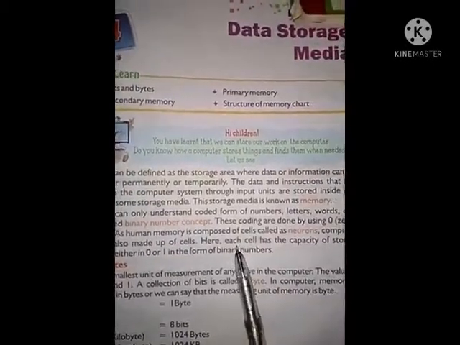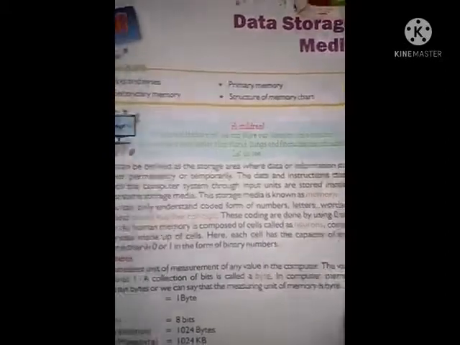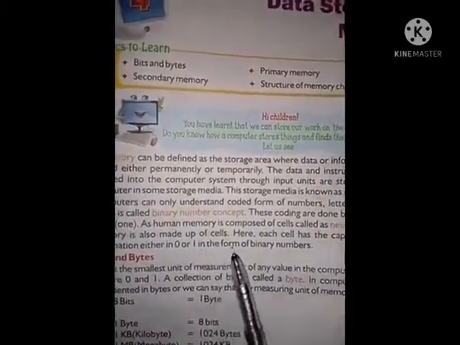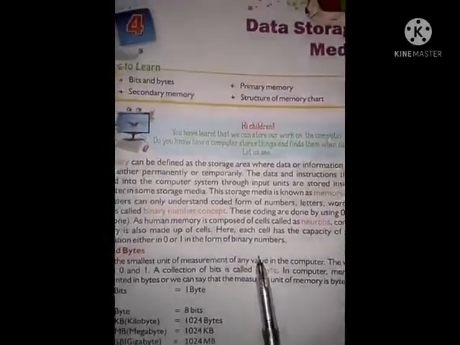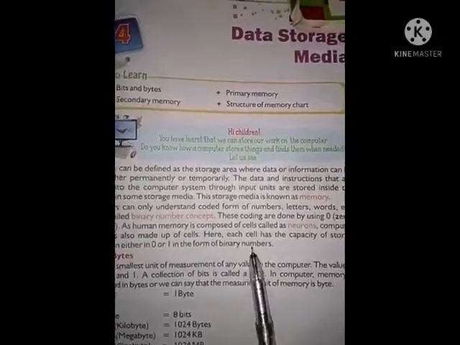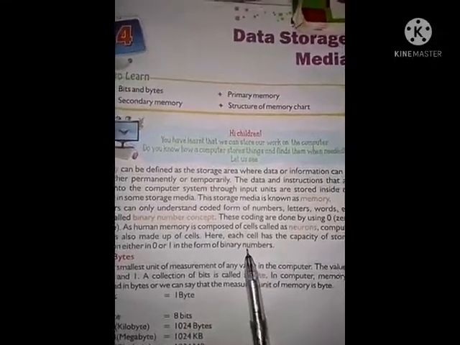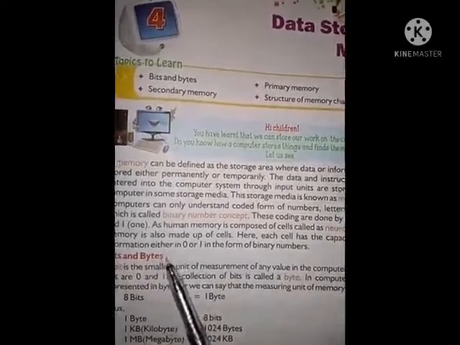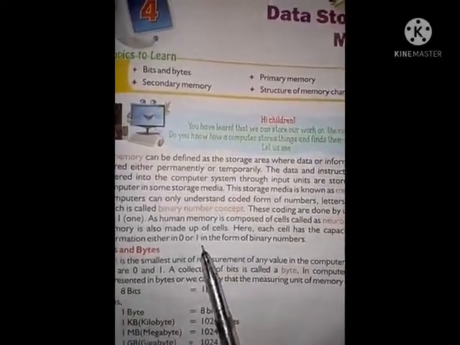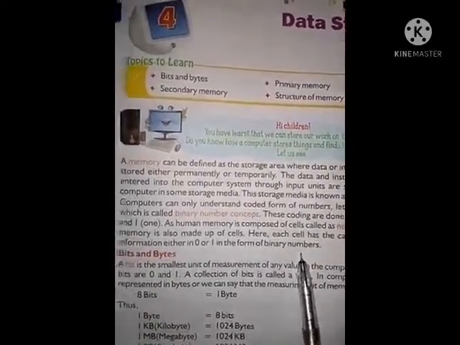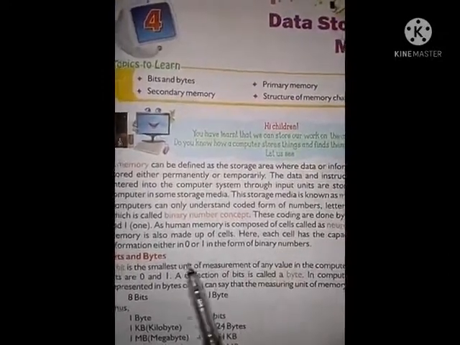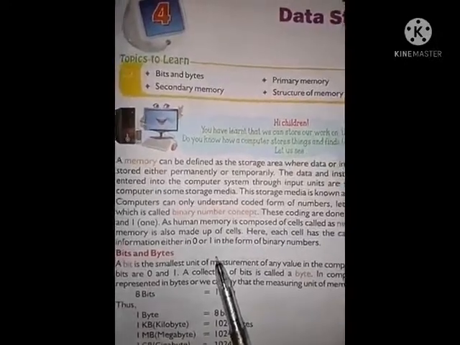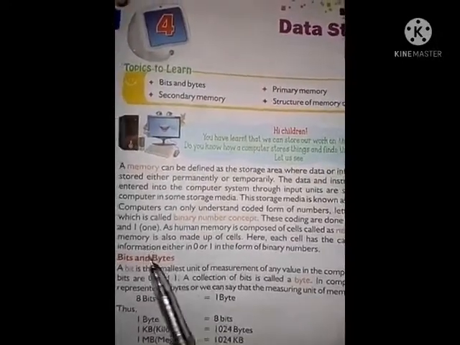Here each cell has the capacity of storing information either in 0 or 1 in the form of binary numbers. So each cell of computer memory has the capacity of storing information either in 0 or 1 in the form of binary numbers. What are they? 0 and 1. And 0 and 1 can be understood by computer.